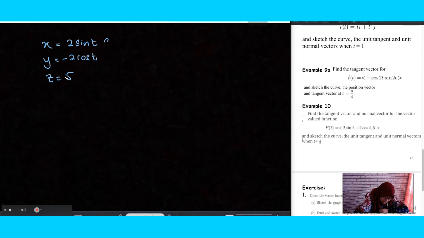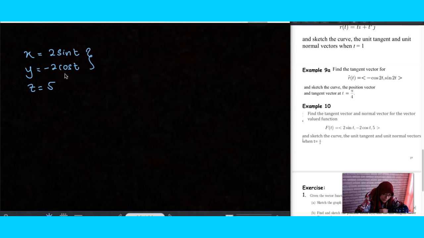So what we need to do is convert the parametric equation of x and y into a Cartesian one. Since we have the same t and the same t, it looks like we can use a direct trigonometric identity. What you can do is x squared equal to 4 sine square t, and y squared, you have 4 cos square t.